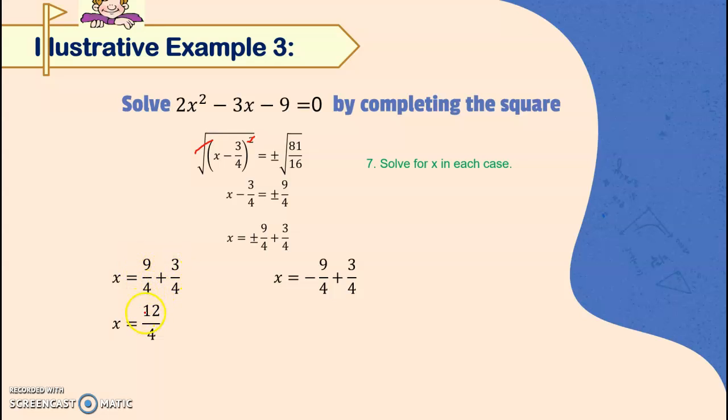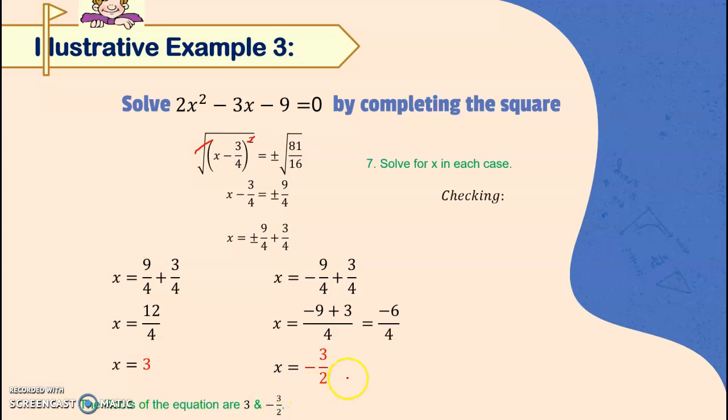So, 12 over 4, it's just equal to 3. On the other side, negative 9 plus 3, that is negative 6 over 4. So we simplify it, which is equal to negative 3/2. So that means the roots of the equation are 3 and negative 3/2.